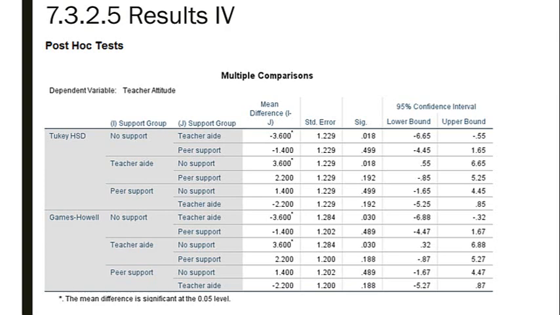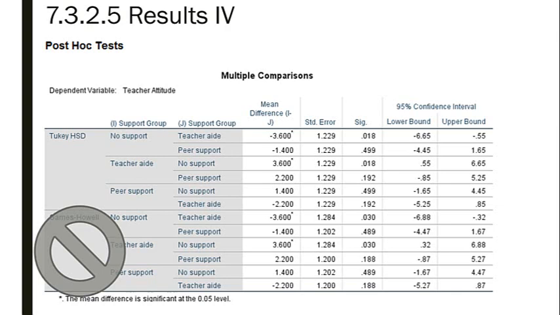The Levene's test indicated that our variances are homogeneous, so we're going to examine Tukey's honestly significant difference, and if the Levene's test had indicated a violation of the assumption of homogeneity of variance, we would have looked at the Games-Howell instead. We didn't know before we ran the test whether we would want to look at Tukey or at Games-Howell, so we selected both of them.